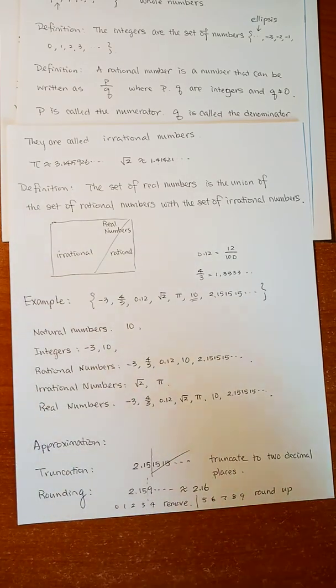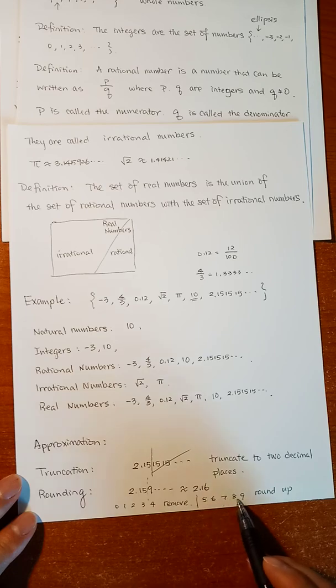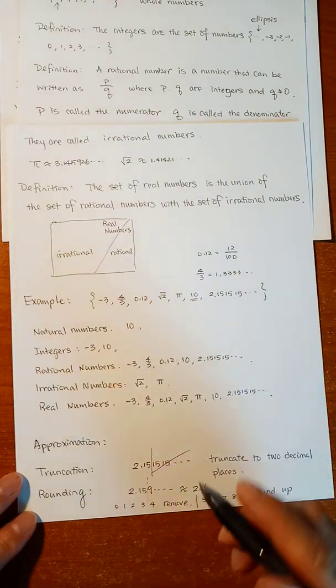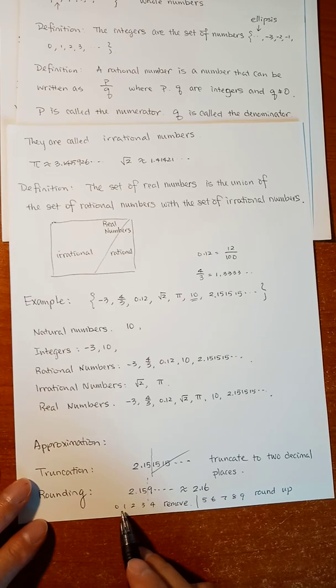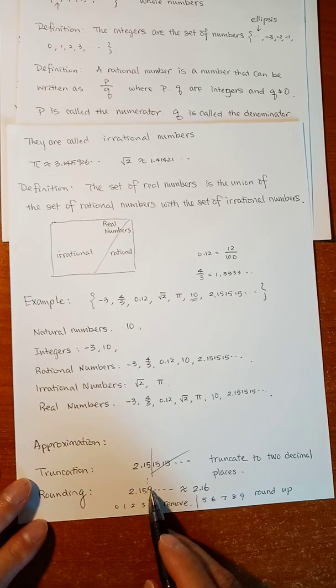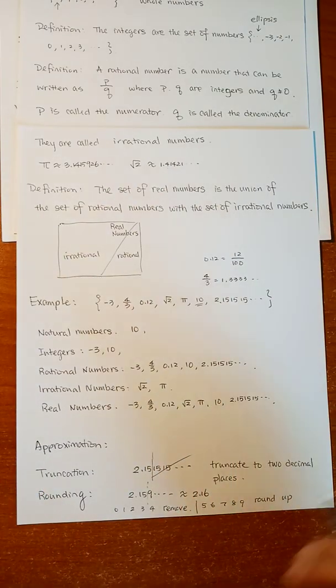So that's the rounding process. When you see the next decimal place is a 5, 6, 7, 8, 9, you will round up. You add 1 to the last digit. If you have 0, 1, 2, 3, 4 for the next decimal place, you will cut. So this is rounding. We all know what it is.